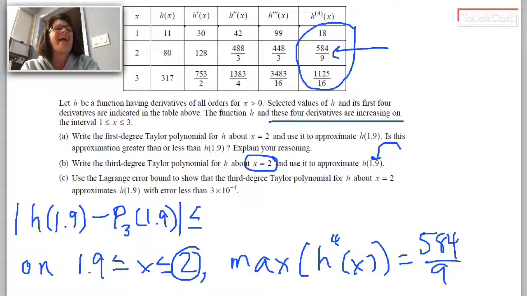So at 2 is where the fourth derivative is going to have its maximum value.